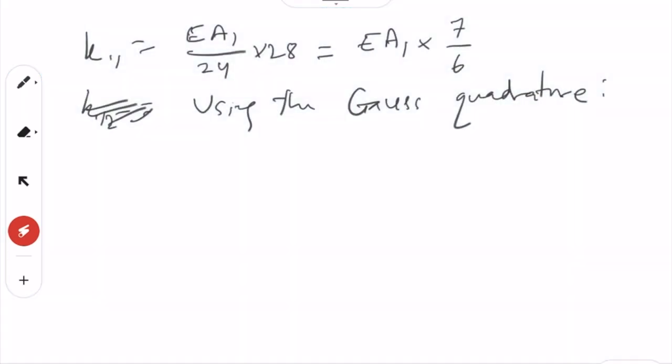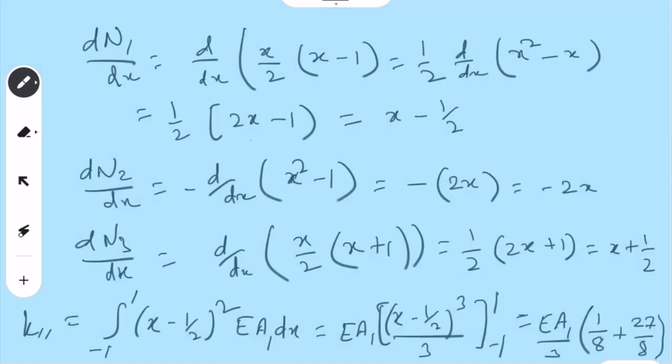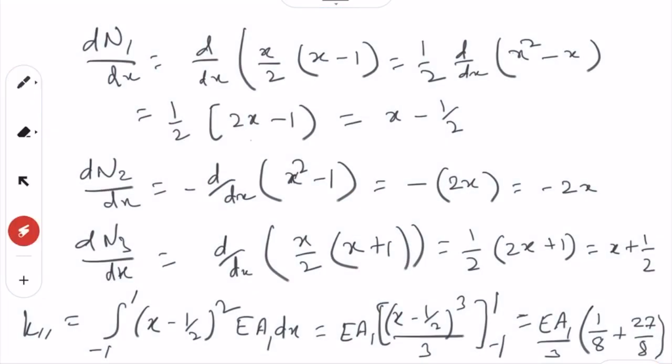So for exact, in the last lecture video we had for quadratic 2 points needed. So that means K11 equals, we have 1 to minus 1, so very good, it's already in this form, so we can simply use this one.